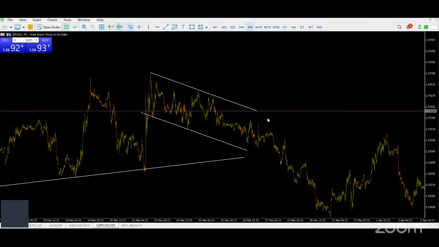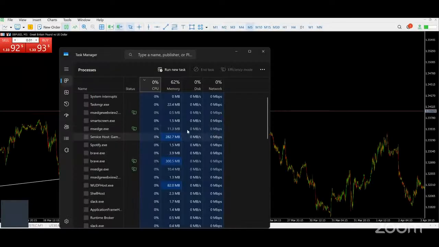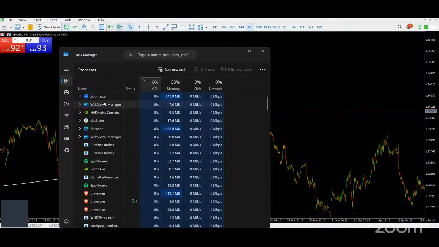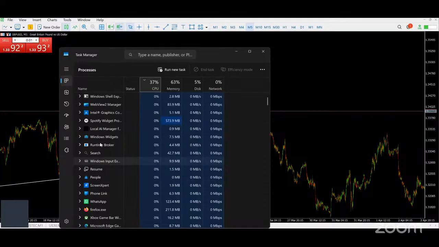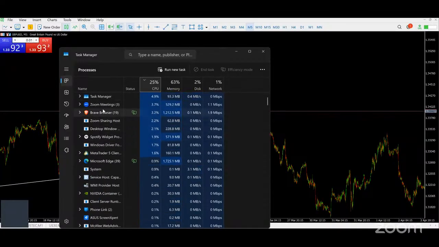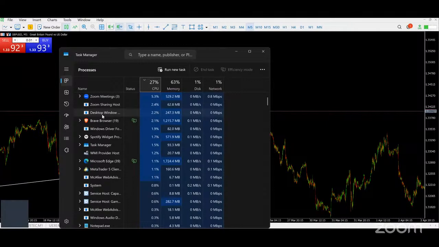Sometimes the pop-up has popped up behind the screen. I think it always happens when I'm sharing the screen. Let me close this down and open it back up. It's a bug. It definitely happens in my MT5.